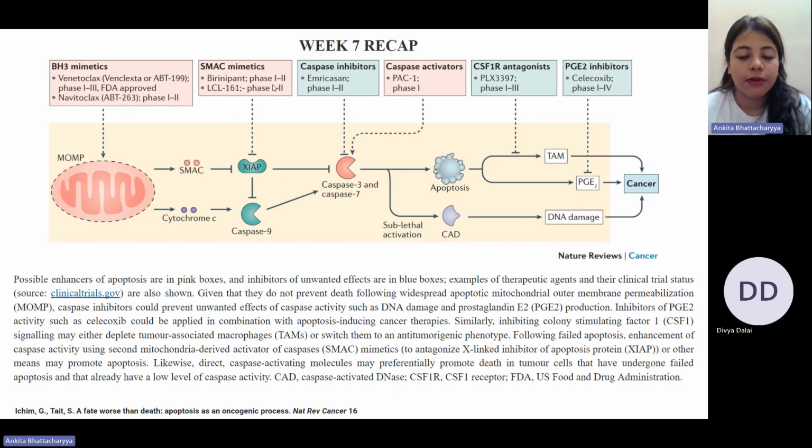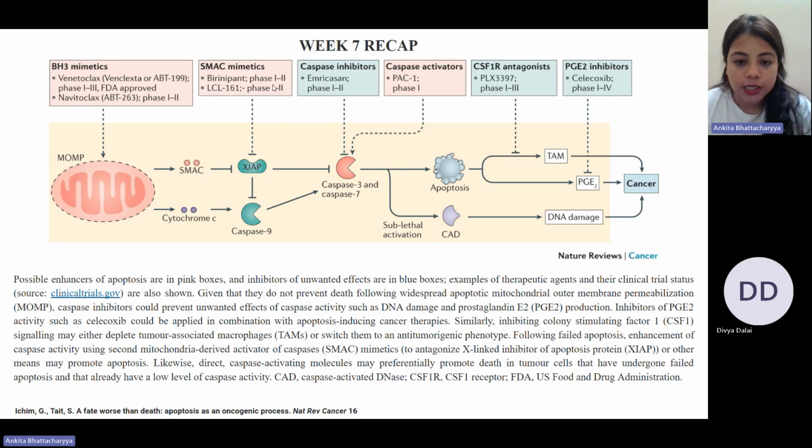Similarly, inhibiting CSF1, or colony stimulating factor 1, which is responsible for the polarization of monocytes into macrophages, can also be done. Either you deplete those tumor-associated macrophages, or M2 macrophages, or you can switch them to the anti-tumorigenic phenotype, which is M1.